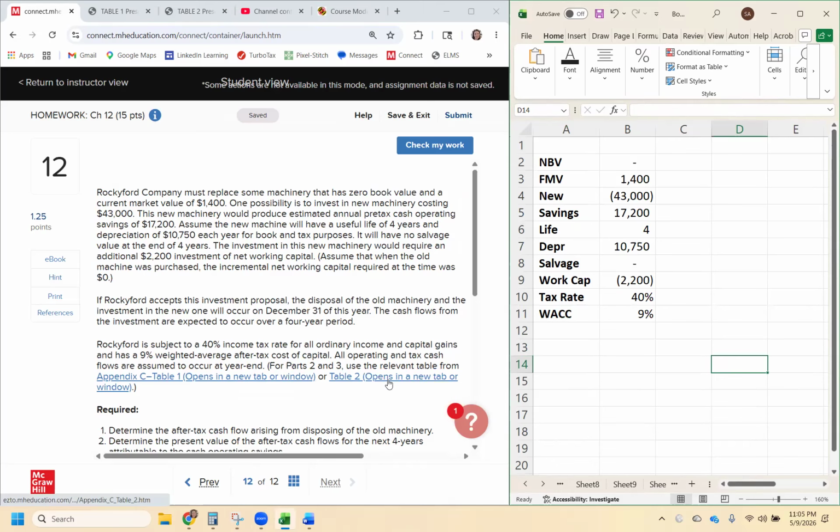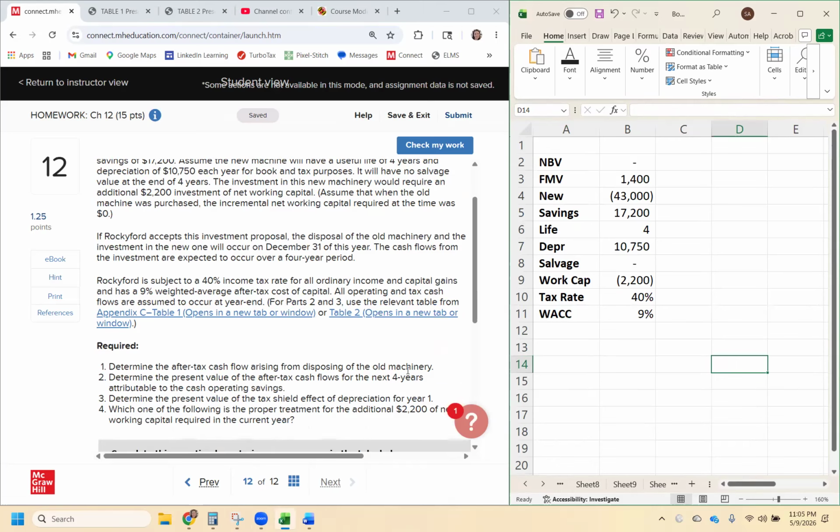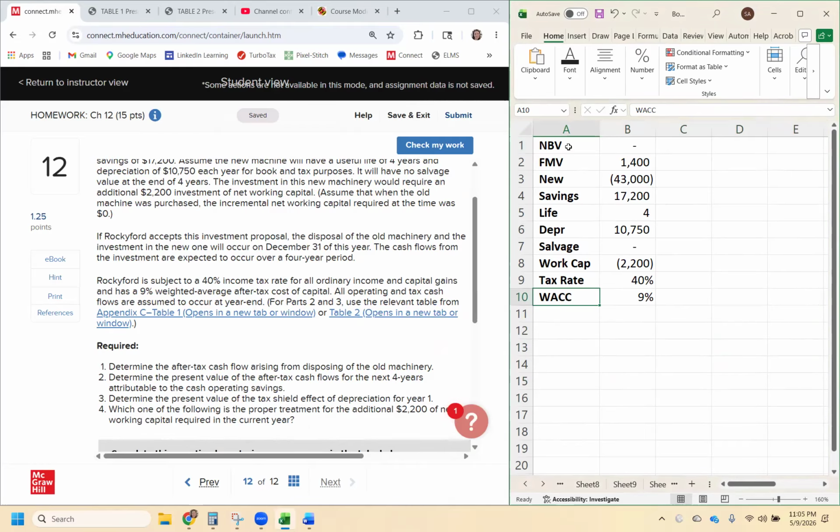Okay, so let me set this up just a little bit. So this is old net book value and old fair market value. All right, so I want to set up year 0, year 1, year 2.